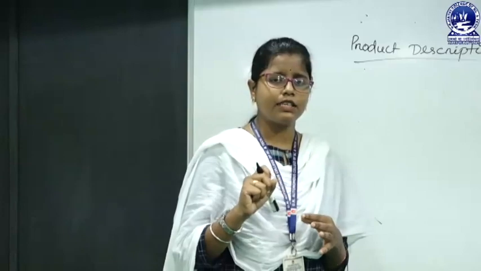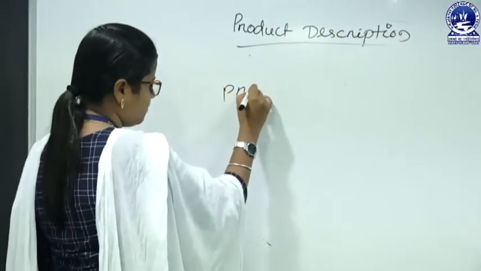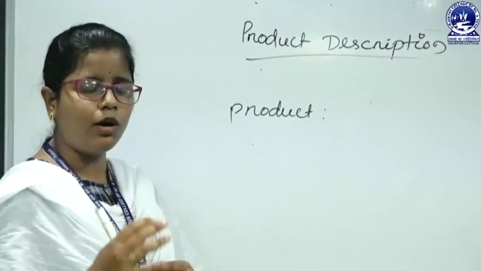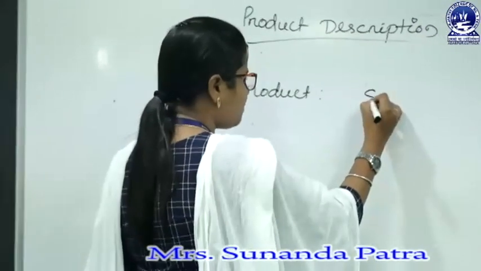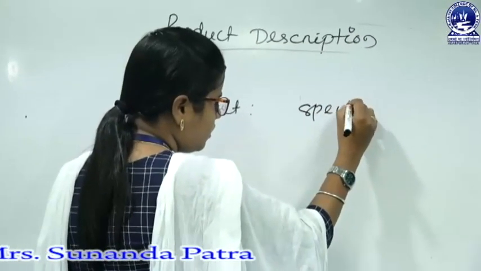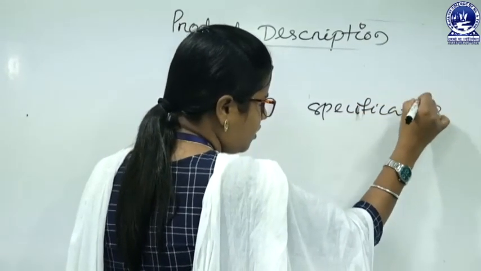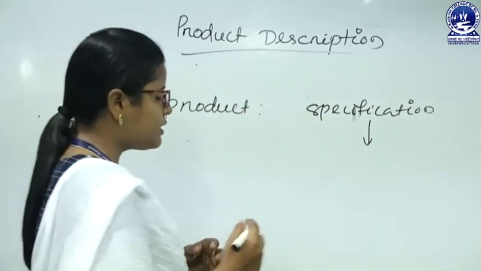So, the product description includes, the first one is our product, what we are going to develop, what are the outcomes of each activity. Suppose first one is our specification activity. In case of specification activity, what is the outcome or what is the product of the specification?